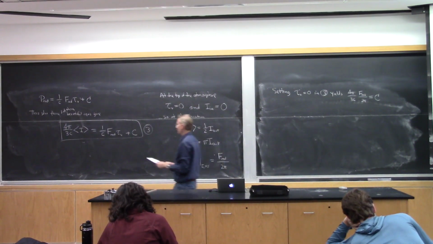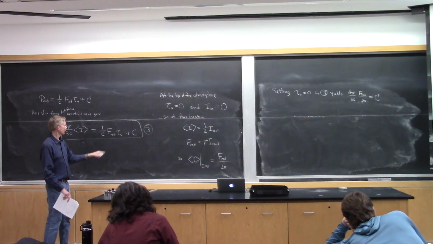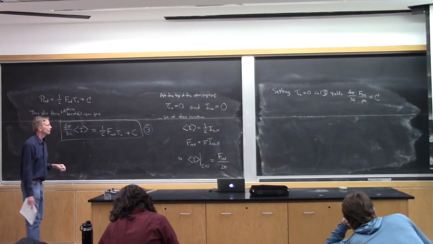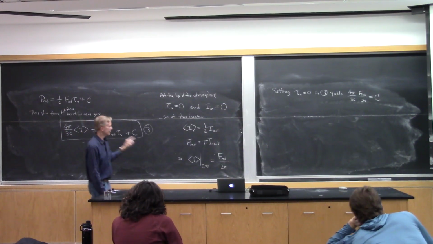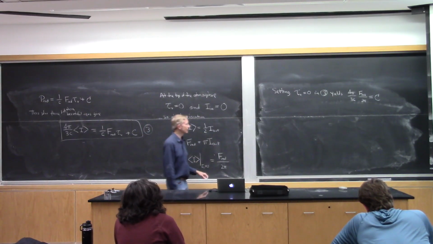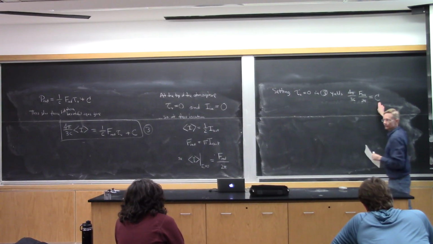I evaluated at tau_V equals 0, so this term goes away, and you get 4 pi over 3c times the mean intensity at tau_V equals 0, but that's F_rad over 2 pi. So I plug all that into that equation, and I've evaluated the constant of integration.